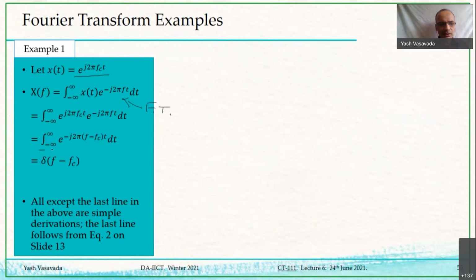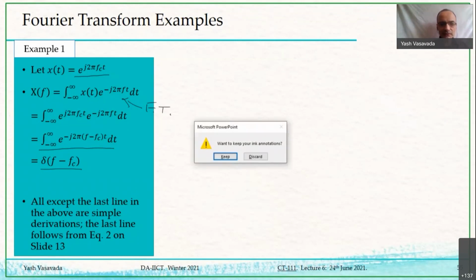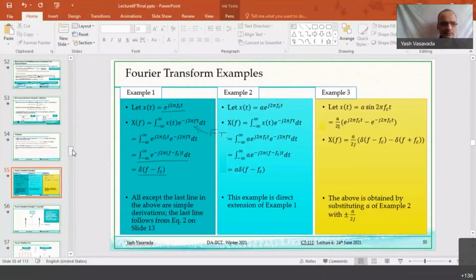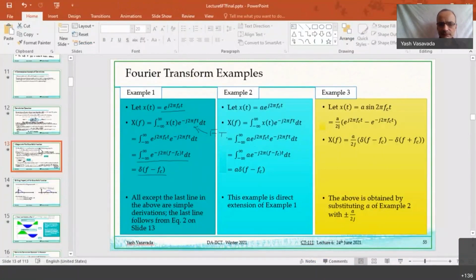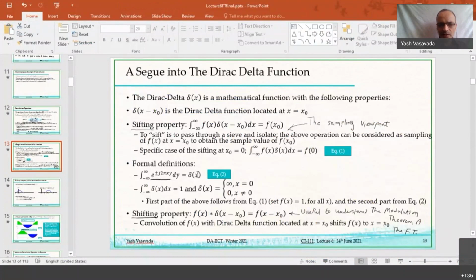But you may recall that this part here is our definition of the Dirac delta function at f minus fc. This we had done earlier. Let's go to equation 2 on slide 30. This is our equation 2.